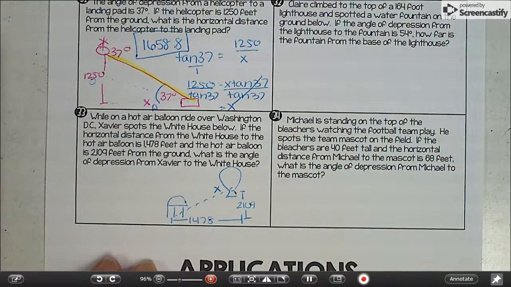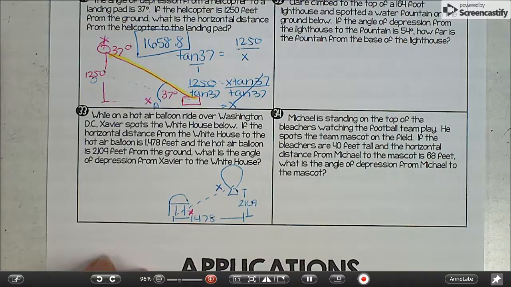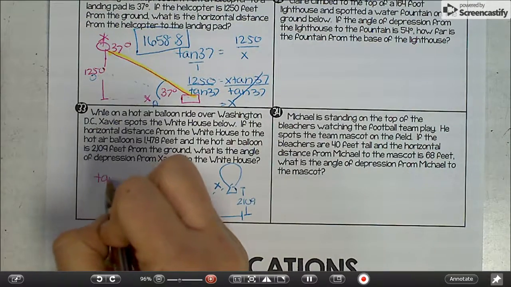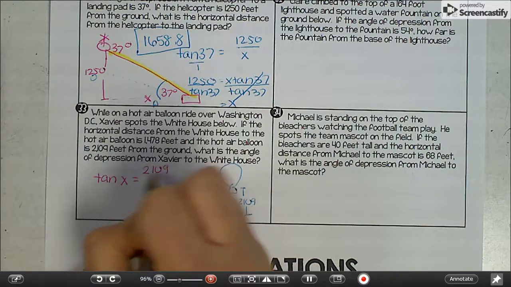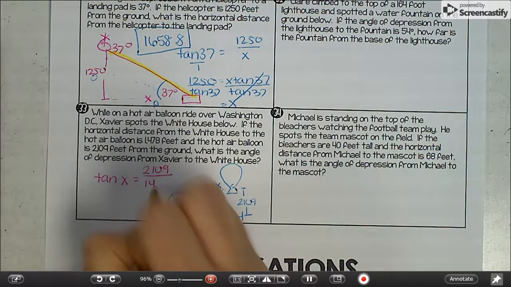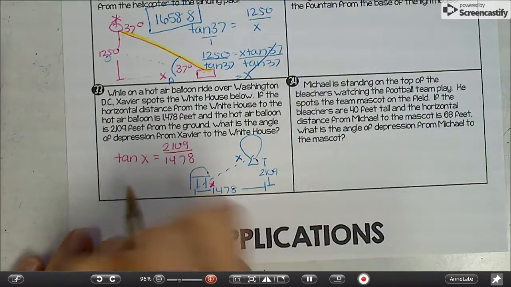But remember, with alternate interior angles, this can move there. And again, it's tangent. That's so annoying. Tangent x equals 2109 over 1478. Since we're looking for an angle, we use the inverse tangent.